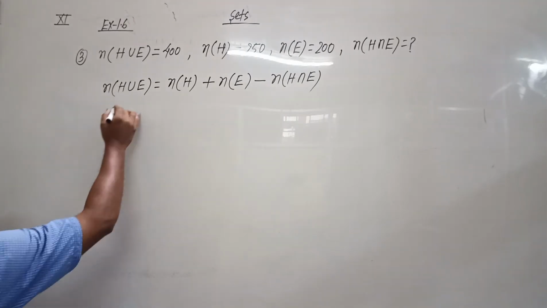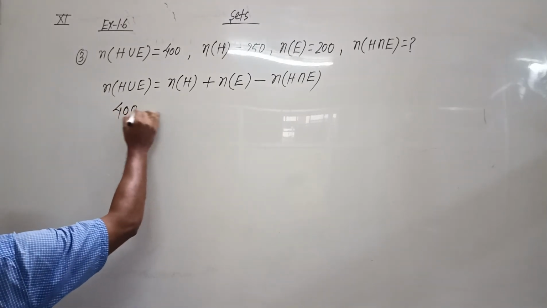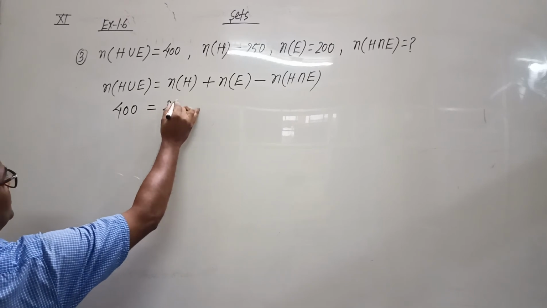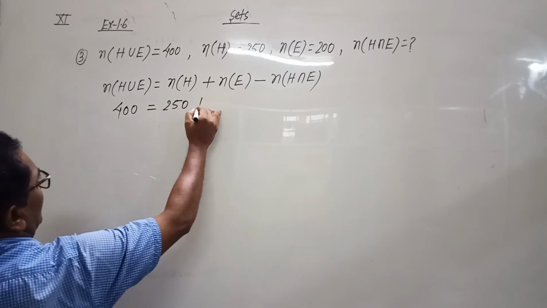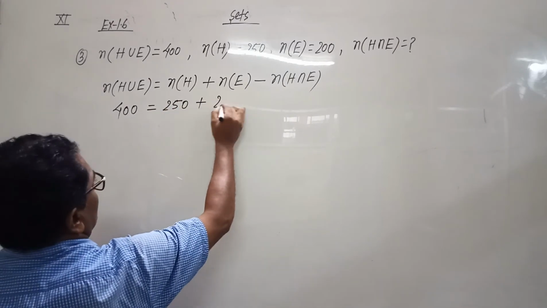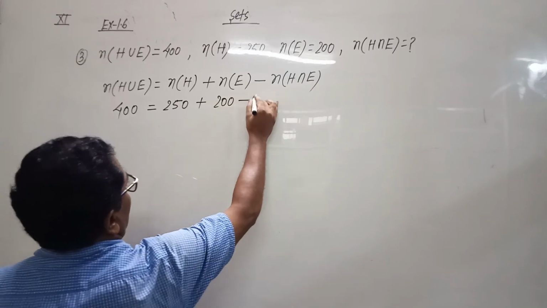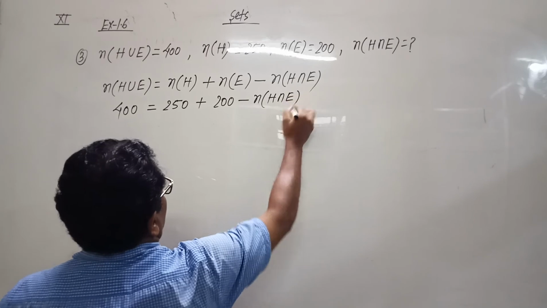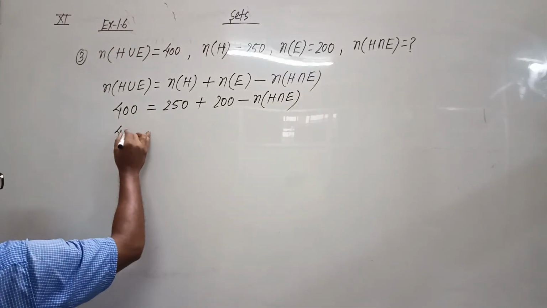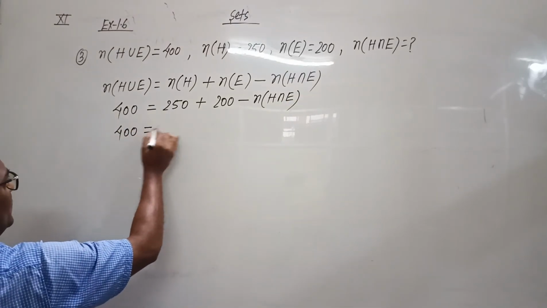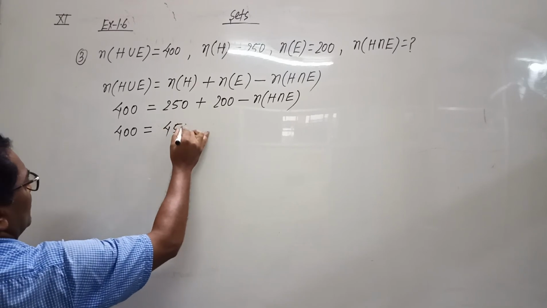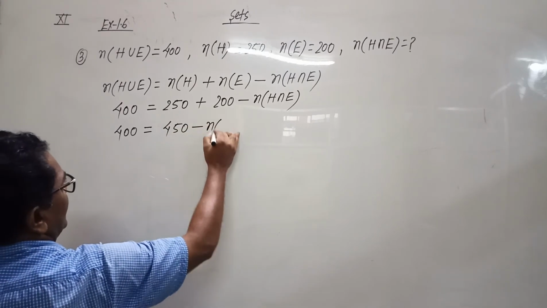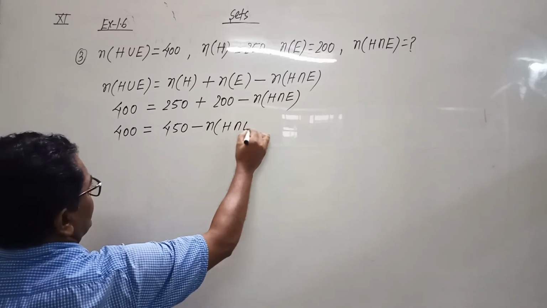H union E is 400, n(H) is 250, n(E) is 200. So it becomes 400 equals 250 plus 200, which is 450, minus n(H ∩ E).